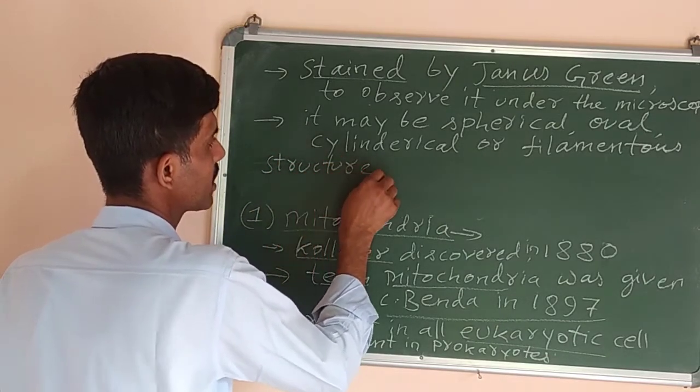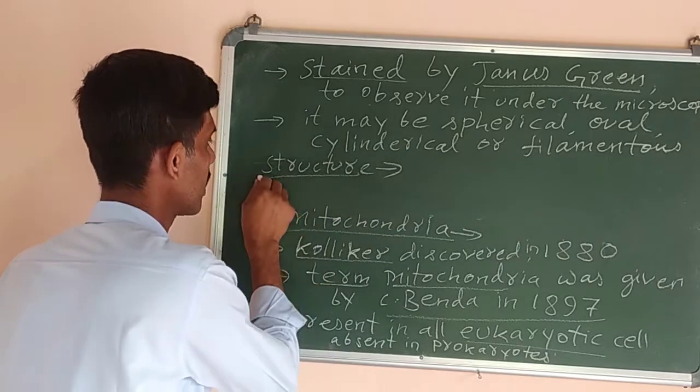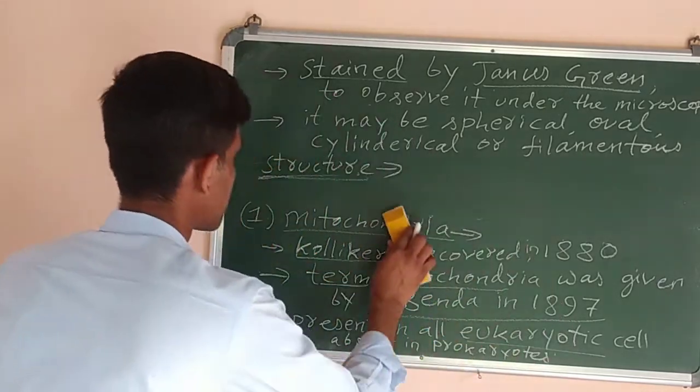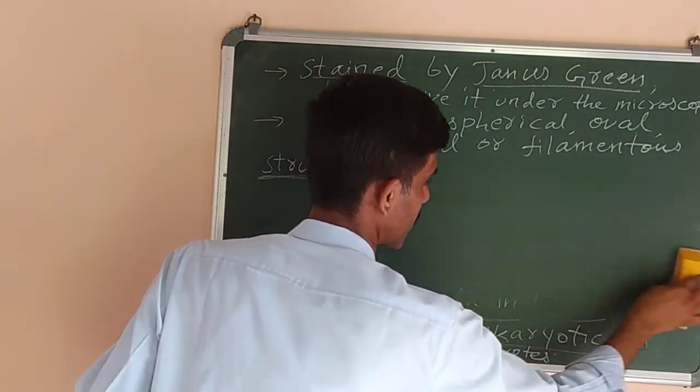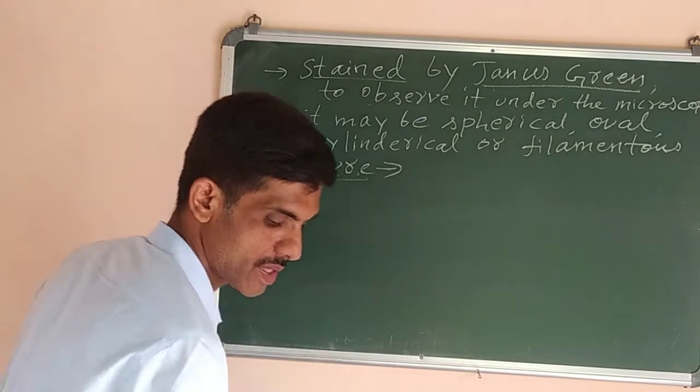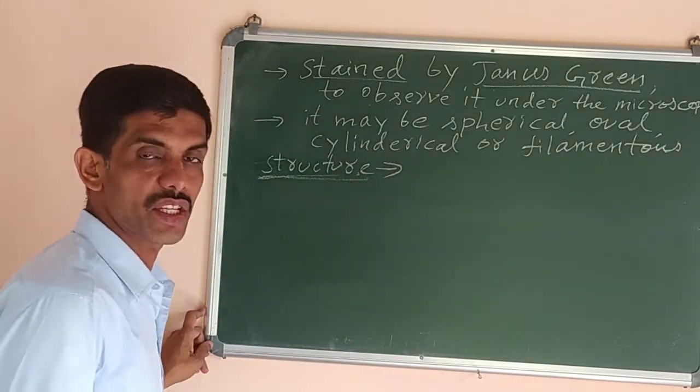Next heading we will give is structure of mitochondria. Okay. So first we will draw the diagram and then we will write about each of these parts and their function also.